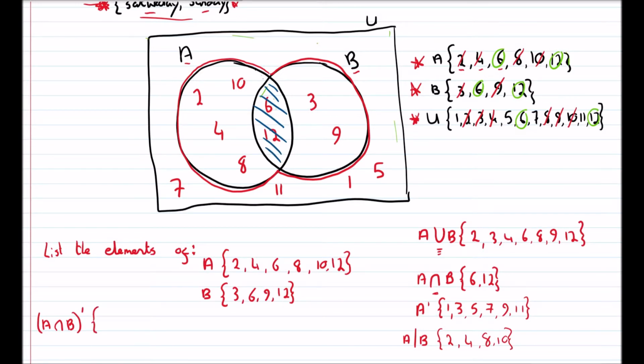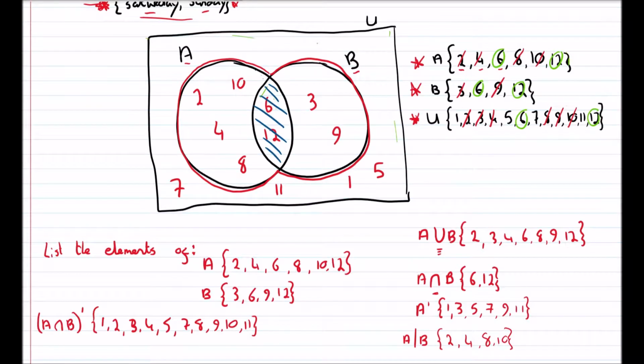So that will be 1, 2, 3, 4, 5, 7, 8, 9, 10, and 11. Okay.